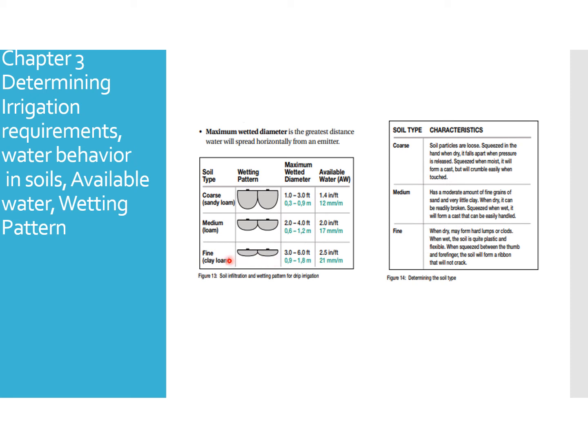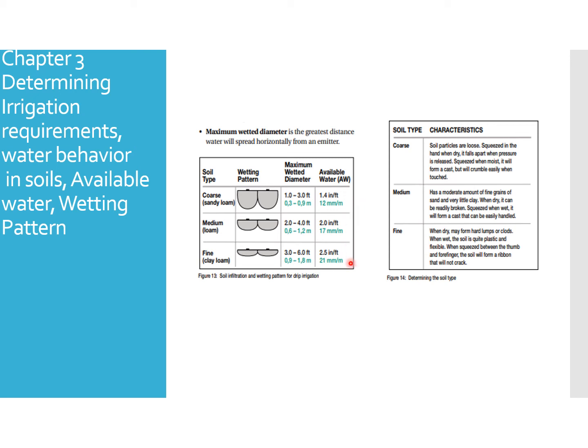It's mostly lateral. So you'll get a larger diameter of wetted area because the water tends to hit the soil and move laterally instead of down. The other thing you'll notice is that the available water in this clay soil is 2.5 inches of water being held as available to feed plants, versus 1.4 inches in the coarse soil.